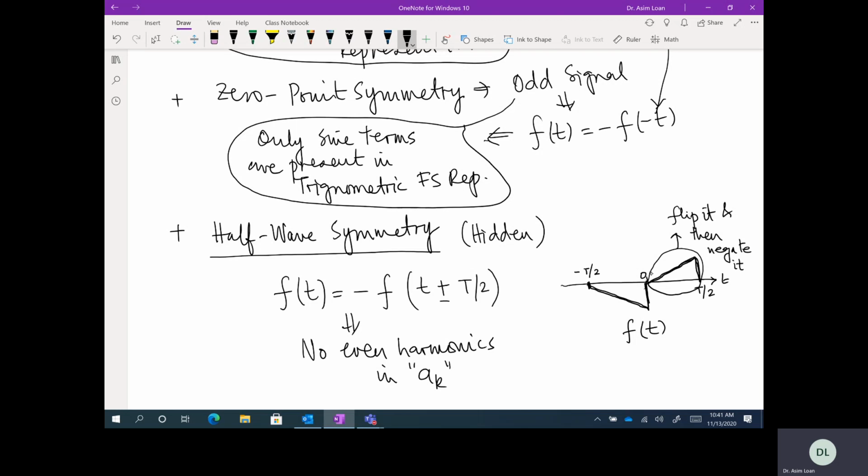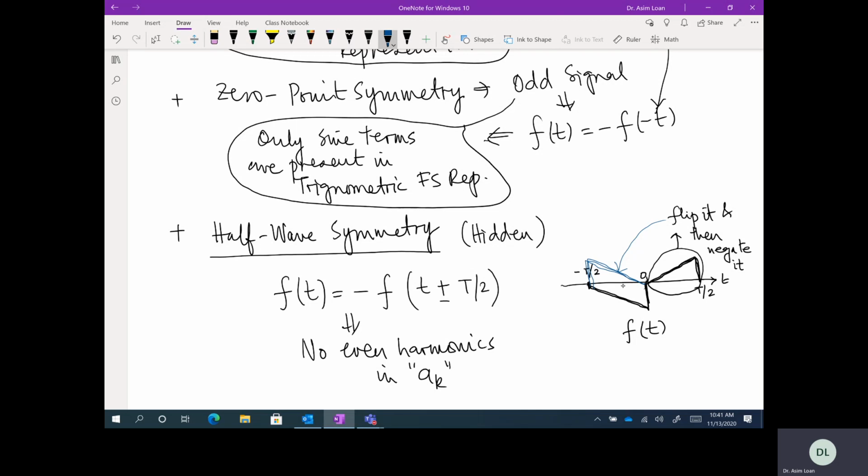Negate it. So if you flip it, this will be like this, right? This is the same height. Sorry. So when you flip it, this is like this, and when you negate it, this will be, wait a minute.